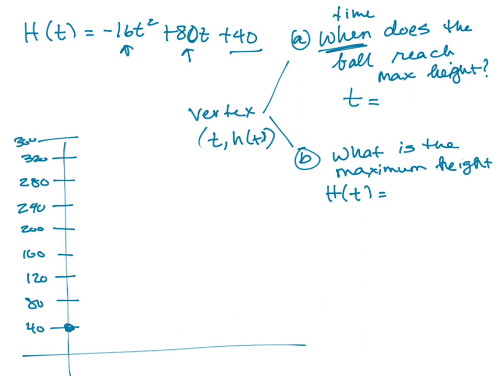When does the ball reach max height? We want to use that axis of symmetry to find the time at which this occurs. Okay, so we'll have negative b over 2a. That's going to be negative 80 over 2 times negative 16. Somebody go ahead and compute.